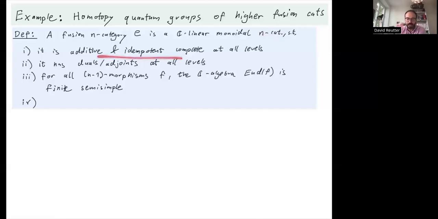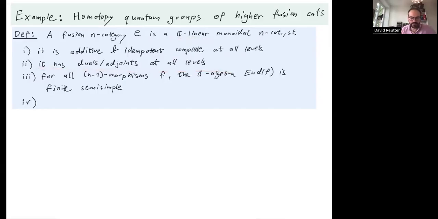It's additive and higher idempotent complete at all levels. These are Karoubi completeness notions that you also know from fusion 1-categories, and there are correct higher categorical analogs of these. So you can take direct sums, and there is a lax higher version of idempotence that you need to allow to split.